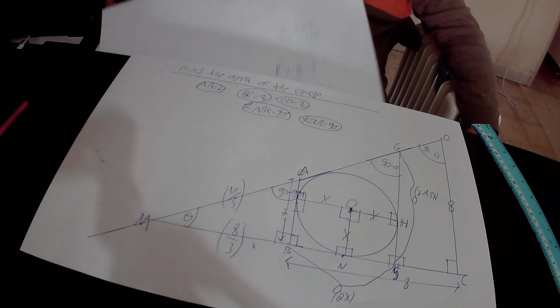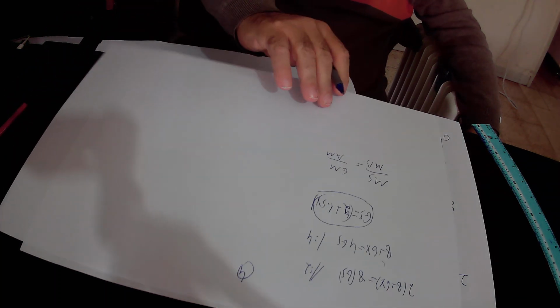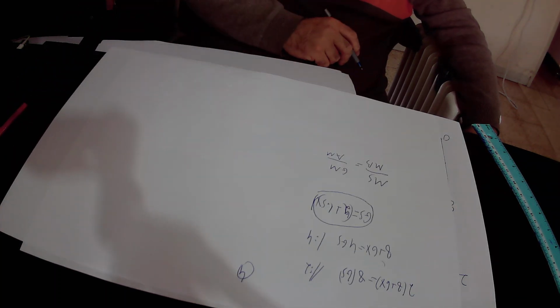Repeat again: MS over MB equals GM over AM.